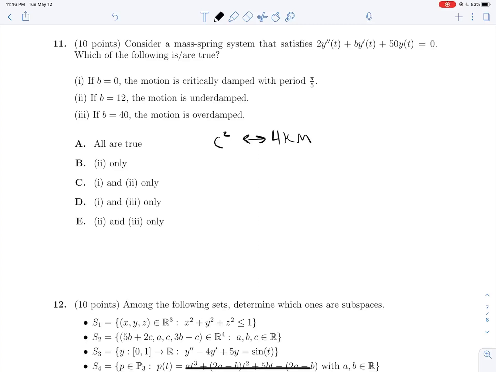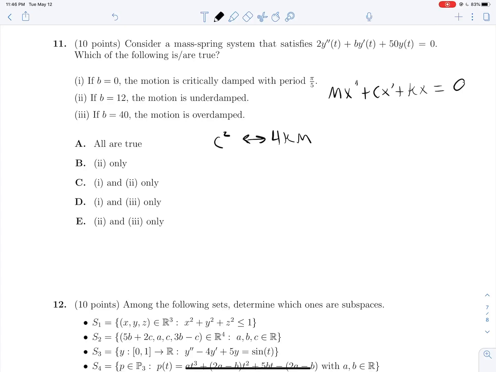Well, remember that the general form of a mass spring equation is m, and I'm using x here because you see x much more often than you see y. So mx double prime plus cx prime plus kx is equal to, well, we deal with some forcing terms in 266, but I think here we always have it as 0, and in this question, it's also 0.